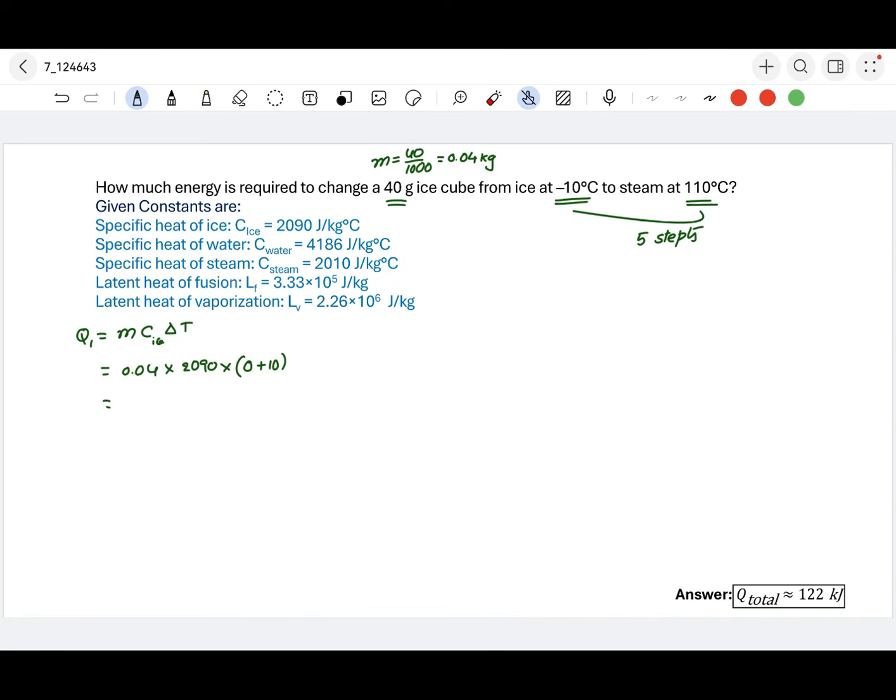Use the calculator: 0.04 times 2090 times 10 gives 836 joules. This is the heating of ice, the first step. Finish.